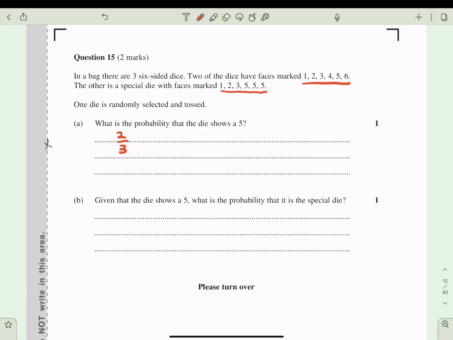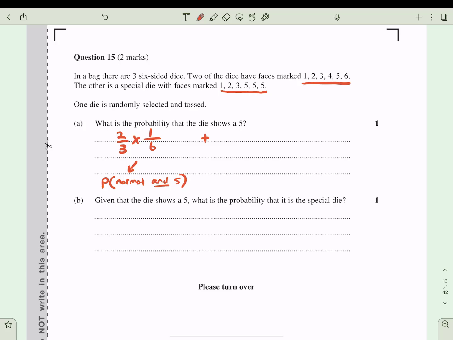There's a 2 on 3 chance of picking a random die and taking out a normal one. Now, if we pick out this normal die, there's a 1 in 6 chance of rolling a 5. So that's why we do 2 on 3 times 1 on 6. This is the probability of normal die and getting a 5. Whenever we see the word and, that's multiplication.